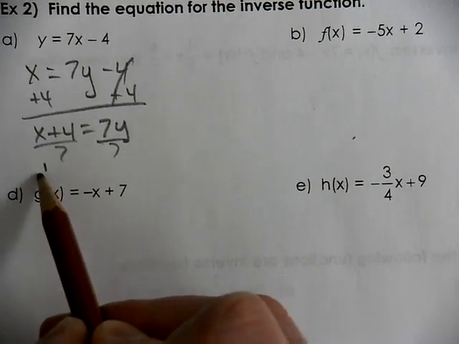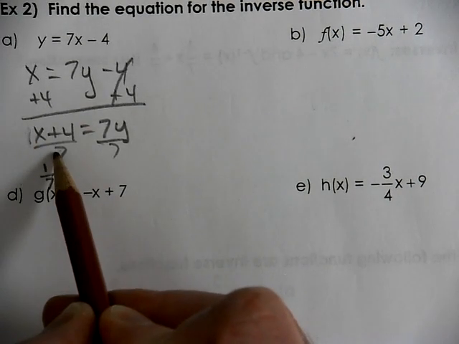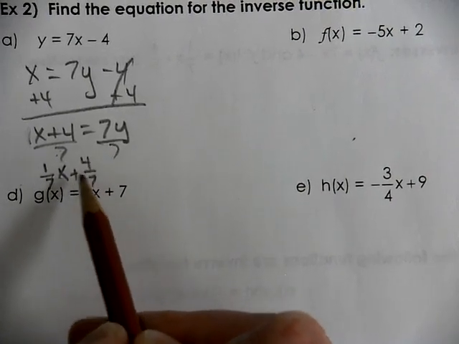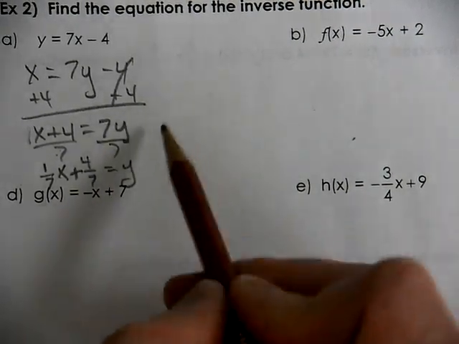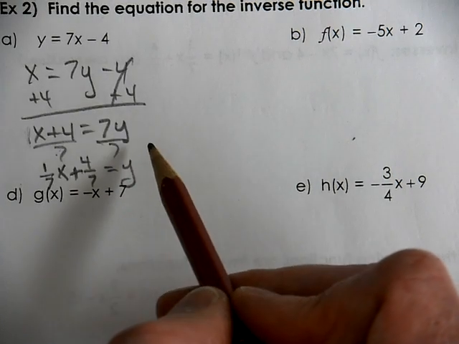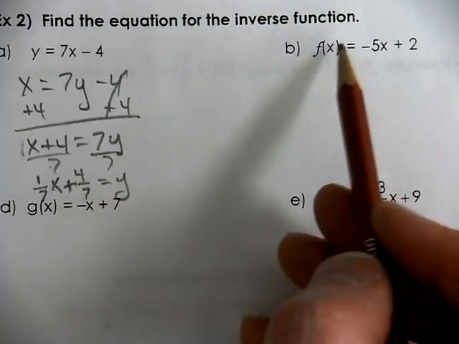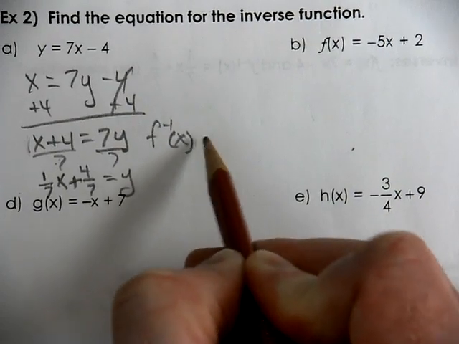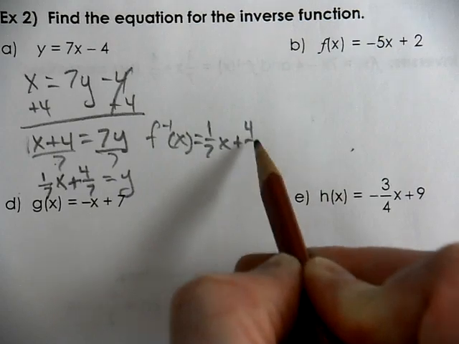So this would be 1/7 x plus 4/7. That is our new y value. Since it's an inverse, it would be better to write it in function notation: f inverse of x equals 1/7 x plus 4/7.